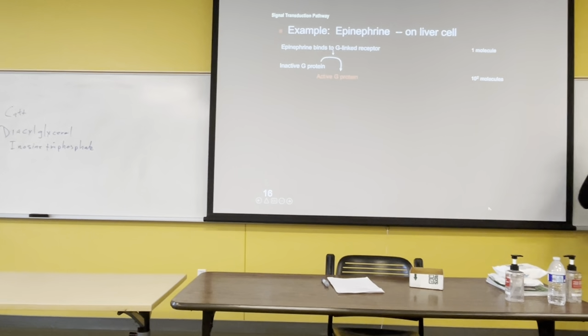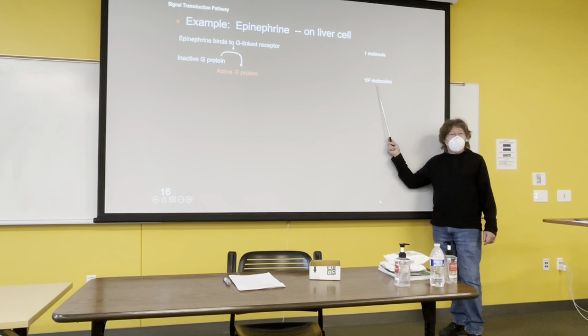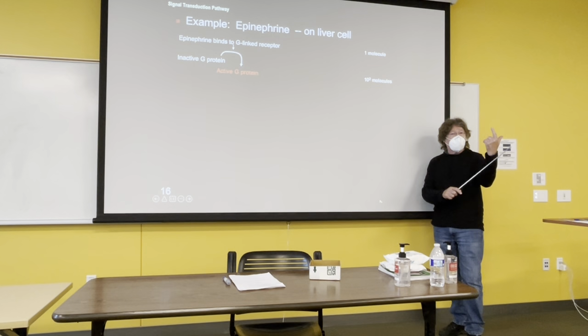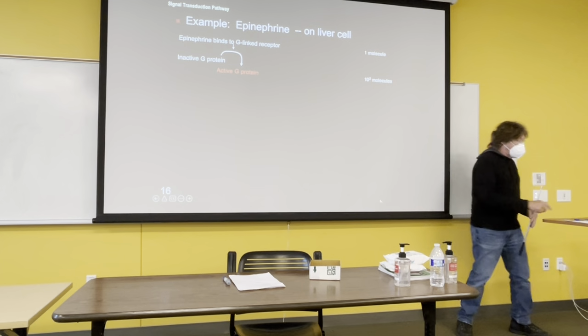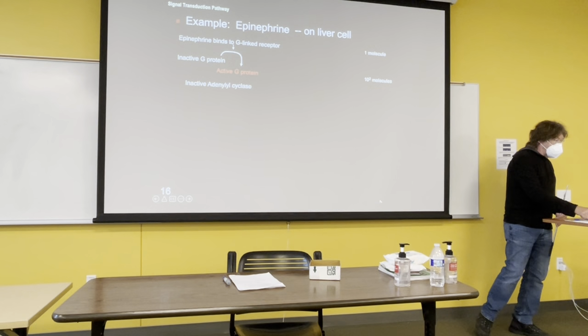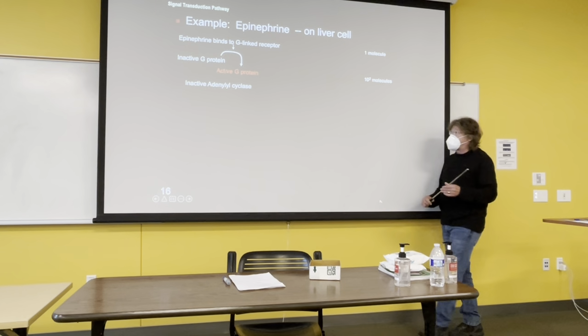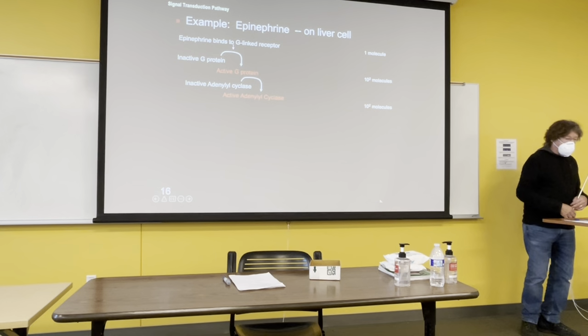that one receptor can amplify the signal here, and it isn't a one-to-one relationship. So just because one hormone binds to one receptor, that one receptor may be associated with tens of G proteins, and so it activates more. Now I just made up these numbers here just to show you that they're increasing. And then that G protein, usually it's a one-to-one relationship here, that the G protein binds to an inactive adenylate cyclase, which activates that.